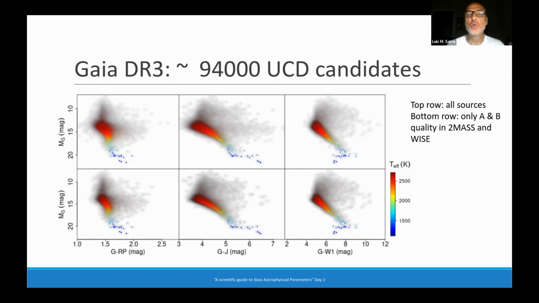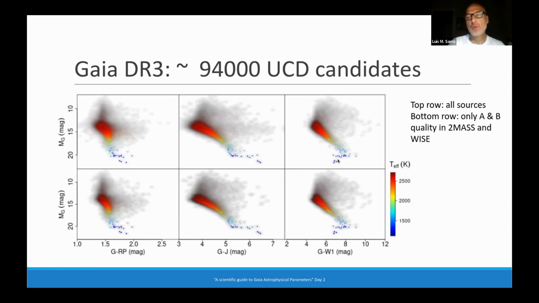The difference between the two rows is that in the first one, you have all 94,000 candidates. In the bottom row, we only select those that have the best quality flags in the 2MASS and WISE photometry. Things to note, if you look at the rightmost column, you see the reversal in the color trend at the LT transition.